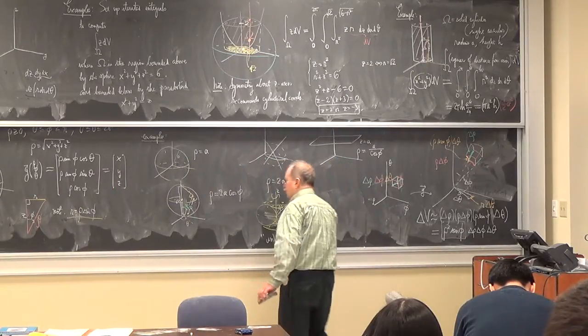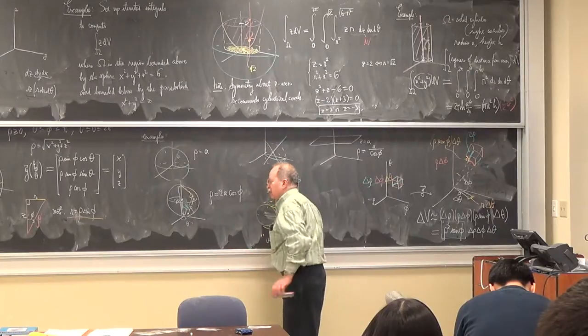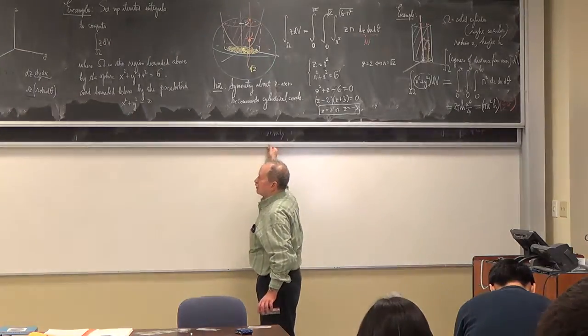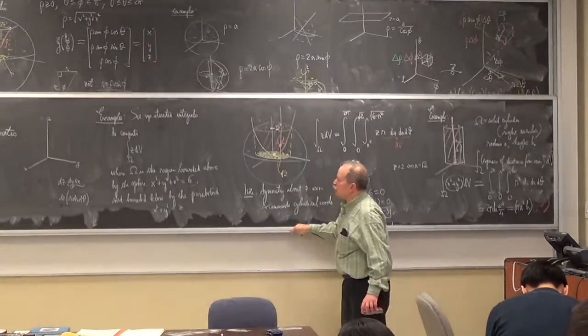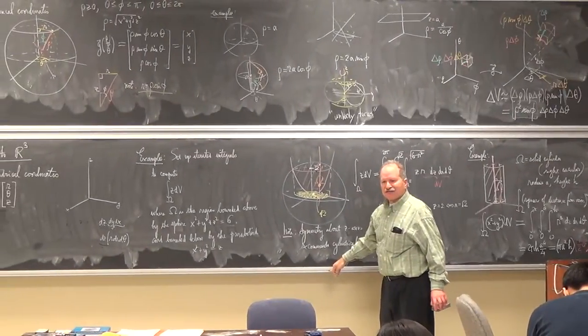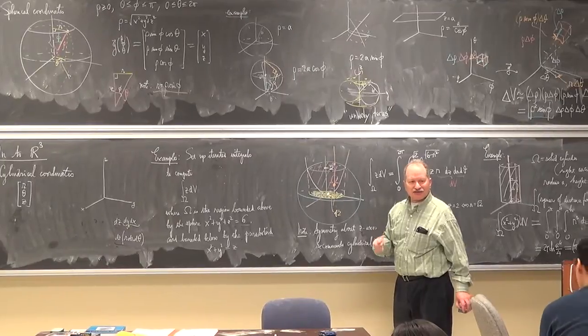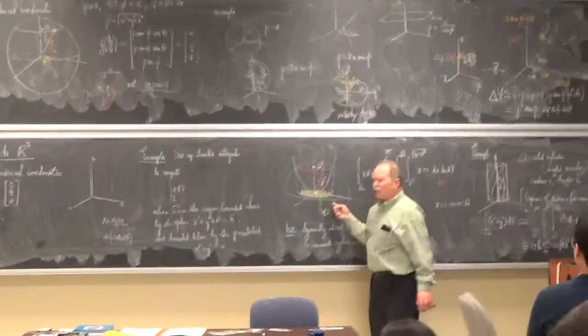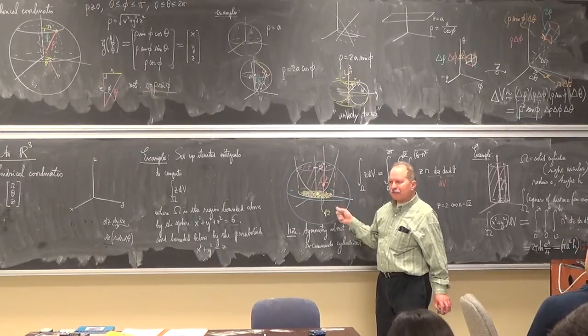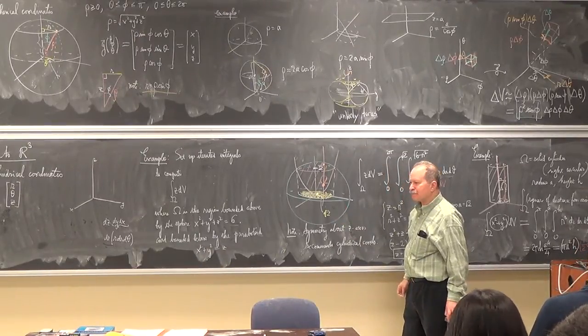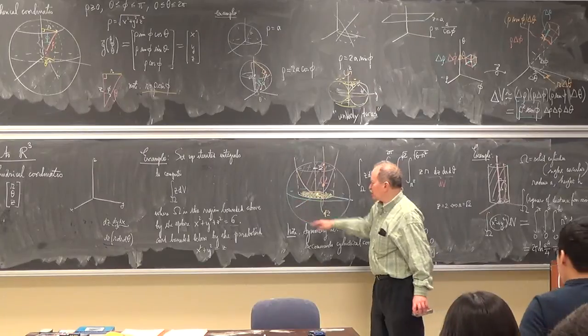All right, so let's set up a couple problems in spherical. Polling the audience. Everyone have their clickers? Would you naturally do this in spherical coordinates? No. The sphere? What could be easier than a sphere?